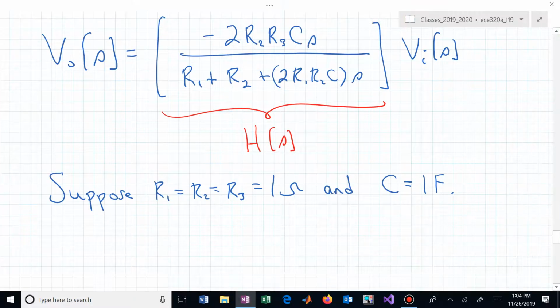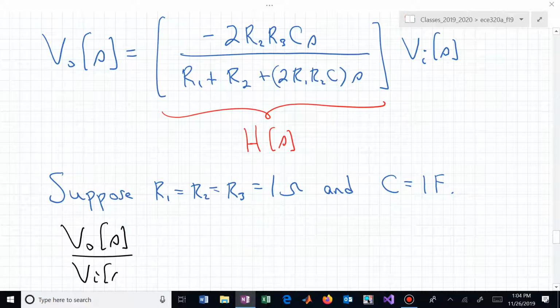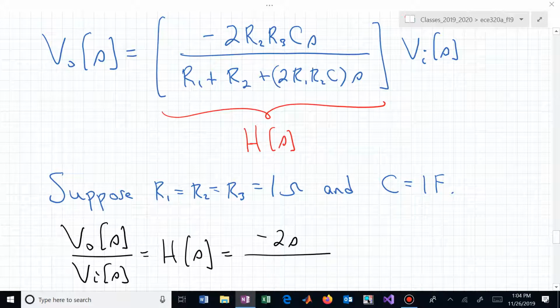And with that collection of parameter values, the numerator becomes minus 2s, and the denominator 2 plus 2s.